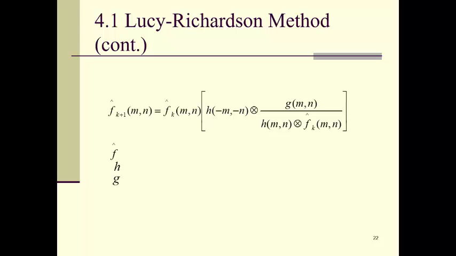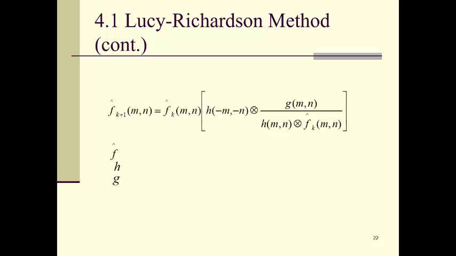So by knowing h and by knowing g, I will first of all assume that I have an initial value, an estimation for the restored image. I will call it, for example, f hat. I will assume that all of the pixels have the same value, say 1, 1, 1, 1, 1. And I will apply this expression on f k, just substitute it here and there, compute this expression, and it will create f k plus 1. Then get the difference between f k and f k plus 1.